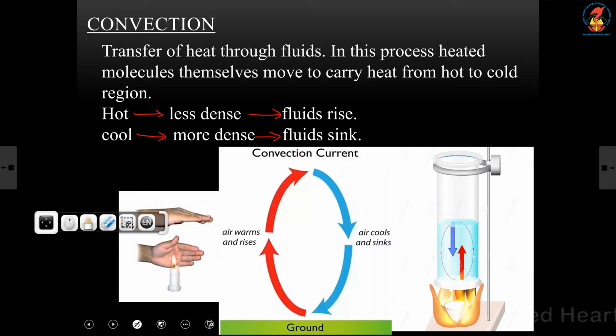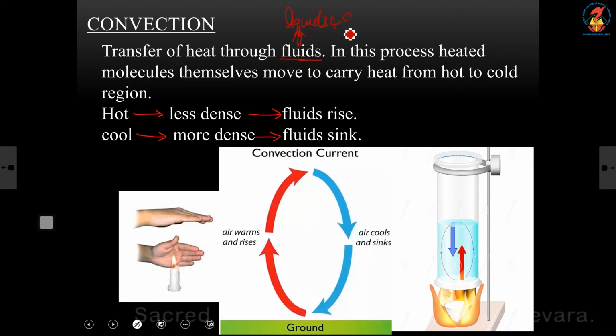Fluids is a common name for liquids and gases. Liquids and gases are together known as fluids. So, in this process, heated molecules themselves move to carry heat from hot to cold region.